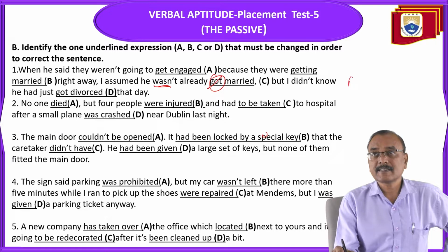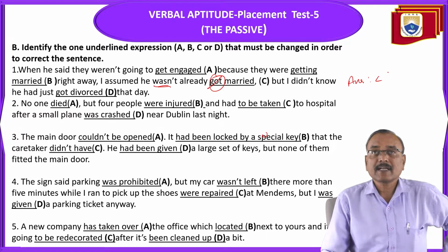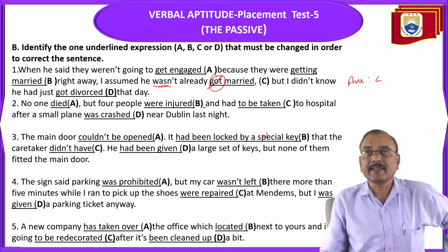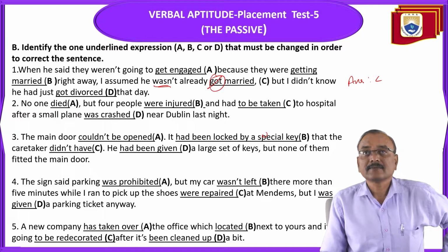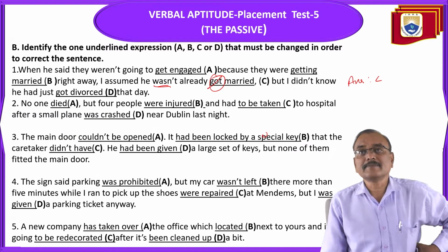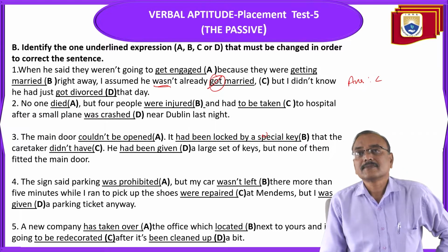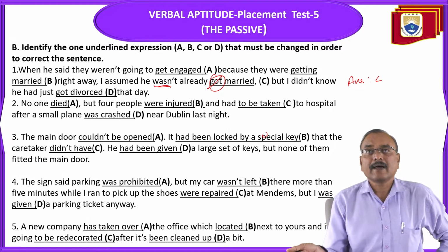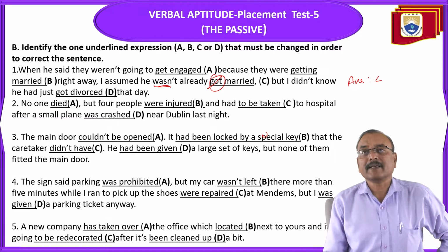So the answer is C. What is the correct option? He wasn't married. So he didn't get married. "Didn't get married" or "wasn't already married", both are the same.